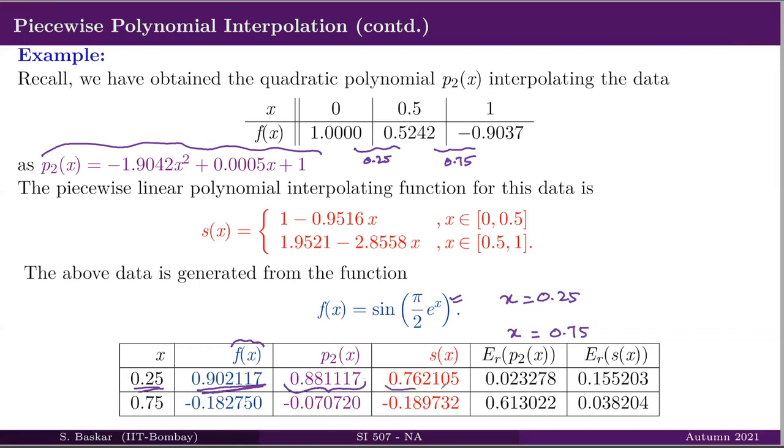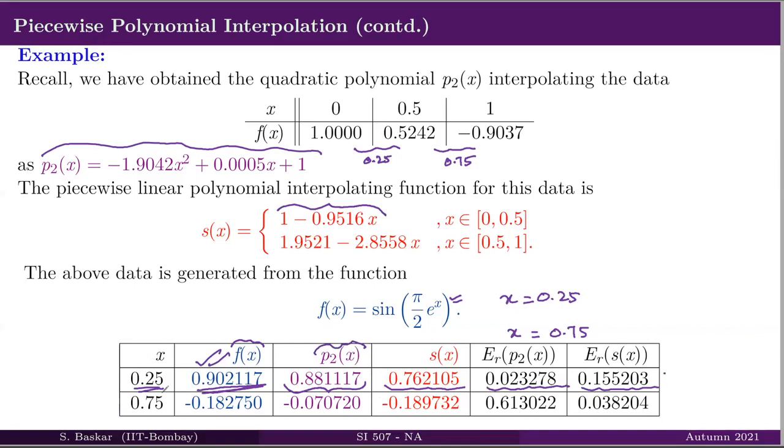And the value generated by the piecewise linear polynomial, where we have to put x equal to 0.25 in this expression, and that gives us 0.762105. You can see the relative error in these two numbers when compared to the exact number. So you can see that the quadratic polynomial had around 2.3% error, whereas the piecewise polynomial had 15% error. So in this interval, P2 was doing well.